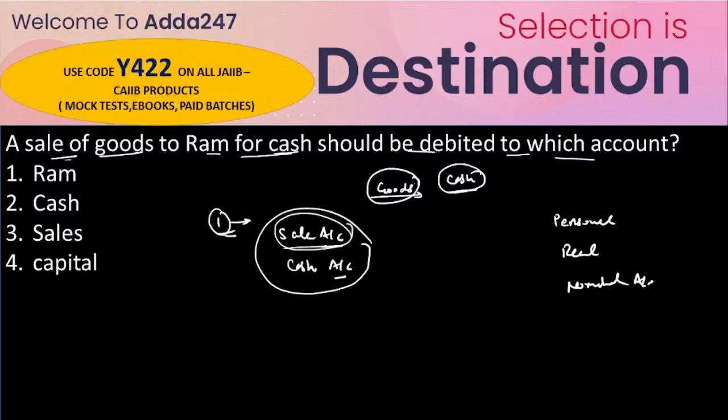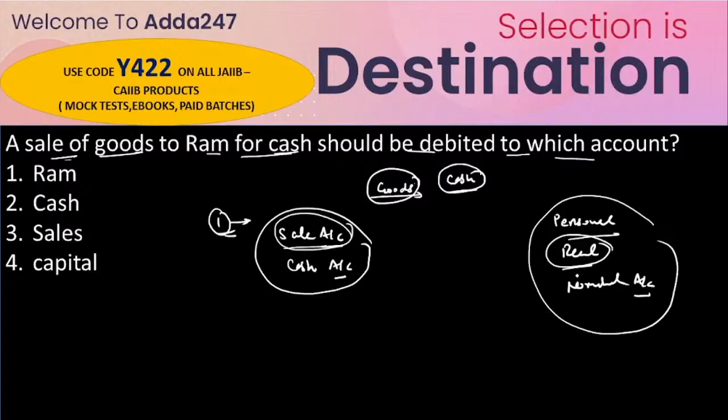The personal account is related to a human being or an artificial person. Real account: all the assets and liabilities come under the real account. Nominal account: all the expenses, incomes, losses and gains come under the nominal account.